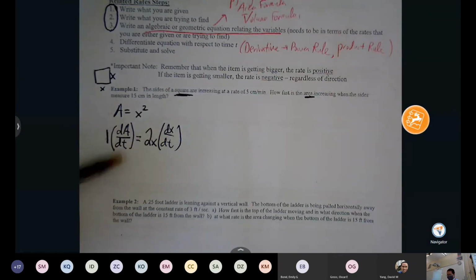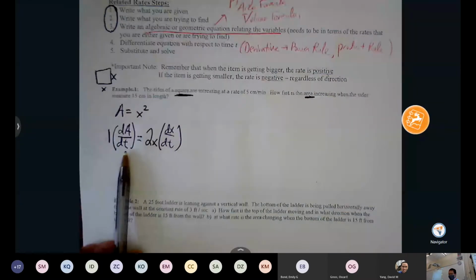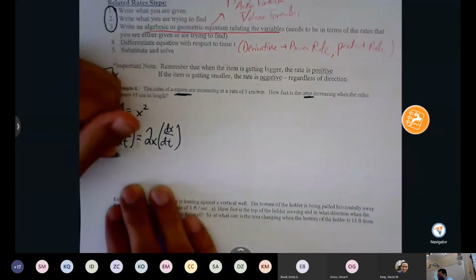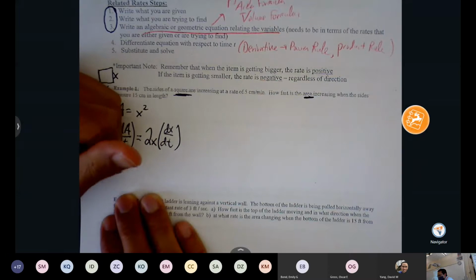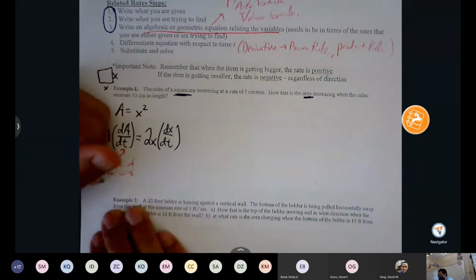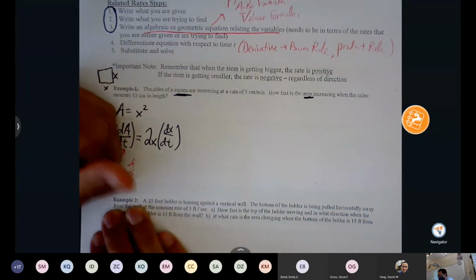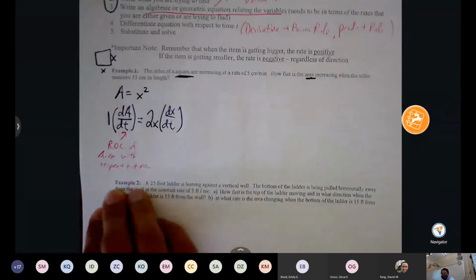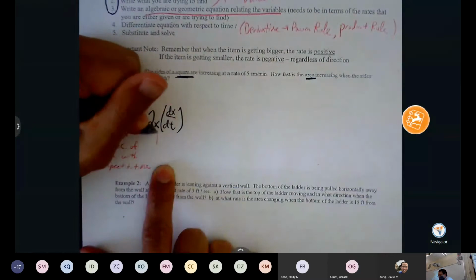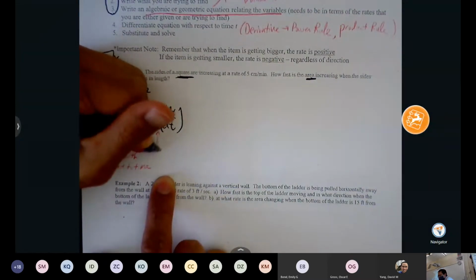Let me try to verbalize what each of these variables mean. So dA dt is the rate of change of area with respect to time. Write that down. ROC is rate of change. X is the length of the side.